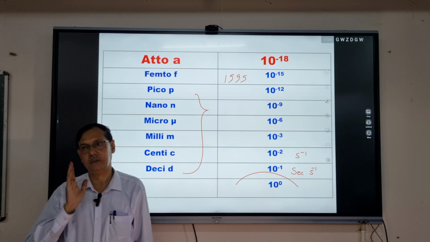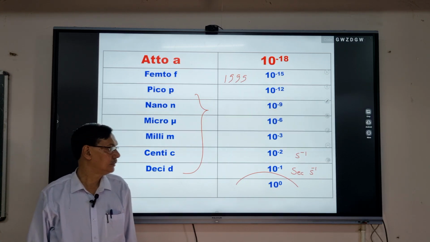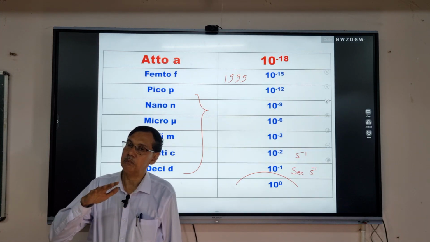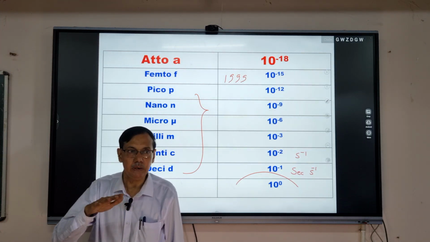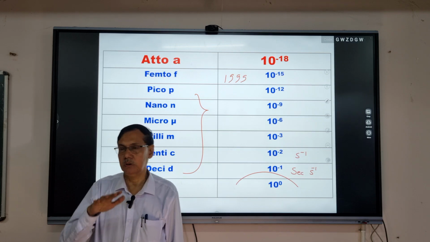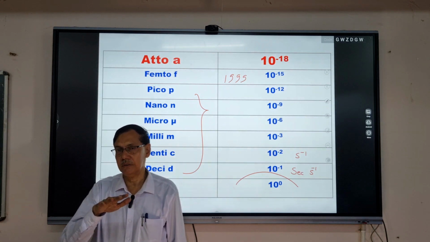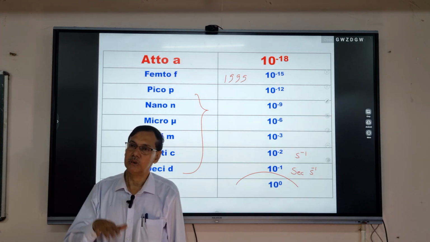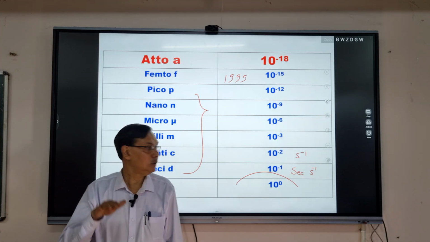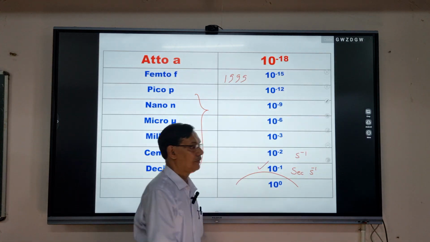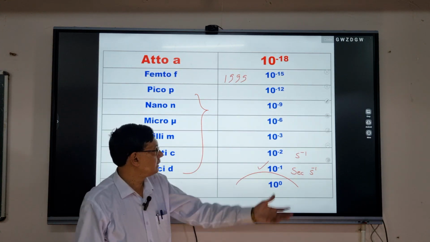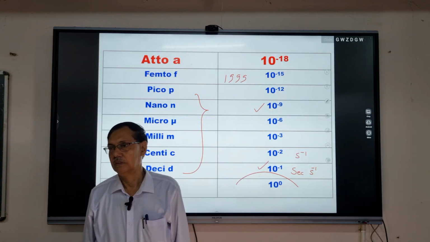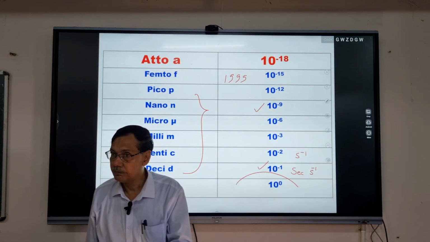Now the second question. Suppose all the methods are based on the types of the reactions. Suppose you want to study a particular reaction whose half-life is 10 to the power minus 1. Another reaction has a half-life of 10 to the power minus 9. So what will you do?